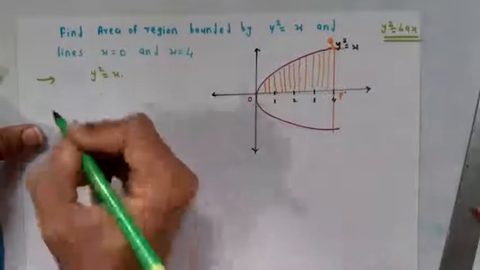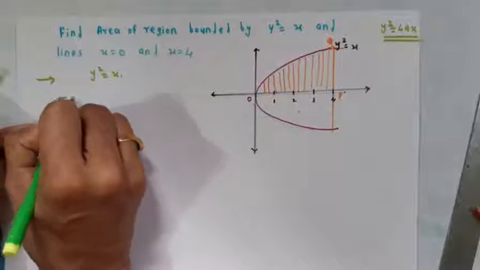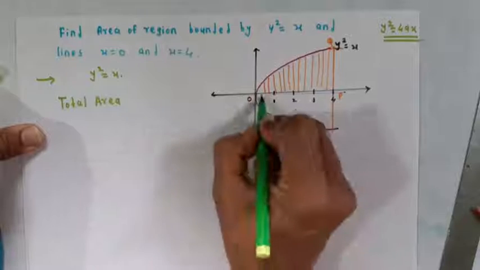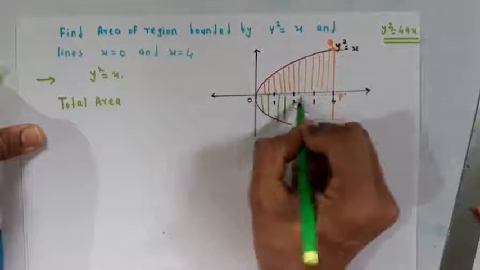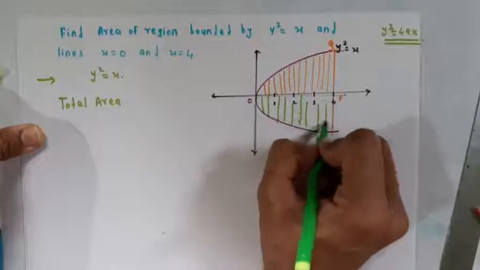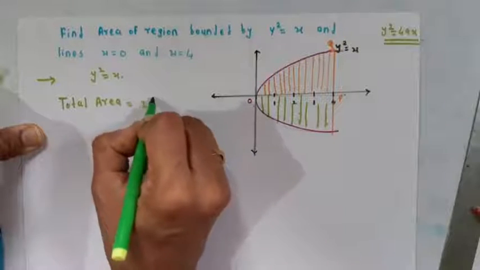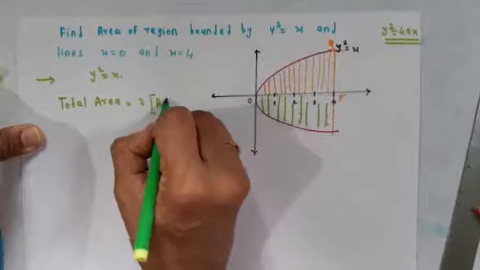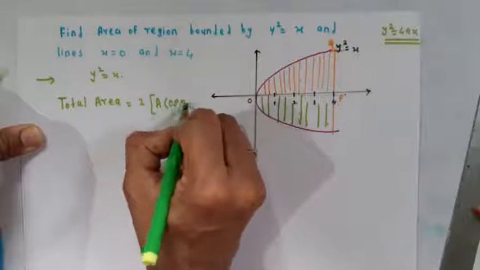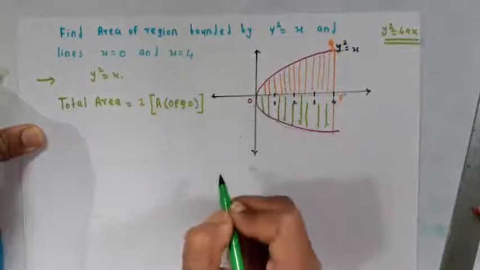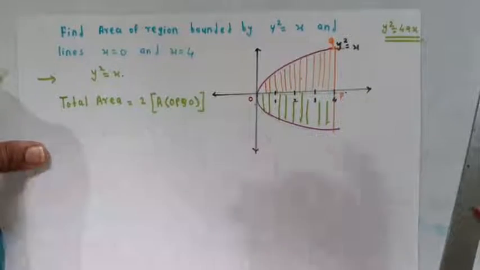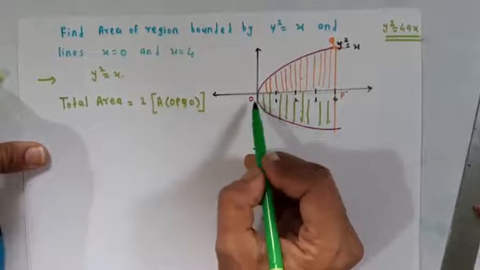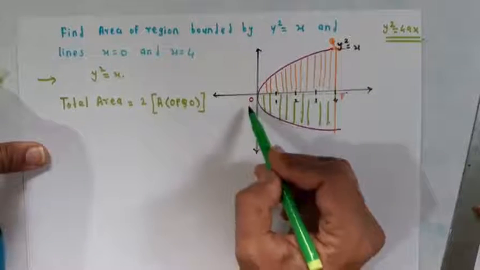So here total area means this orange plus green shaded part. This is equal to 2 times the area of OPQO. Now let us find out the area OPQO.